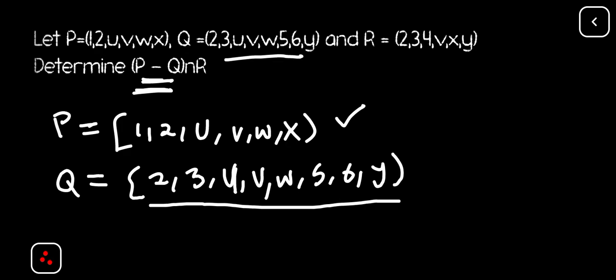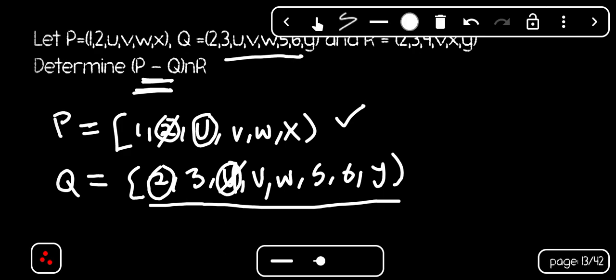So if you check it very clearly, 2 is here and 2 is here, so we'll subtract this one. U is here and U is here, so it's an element of Q. Sorry, let me go back on that.